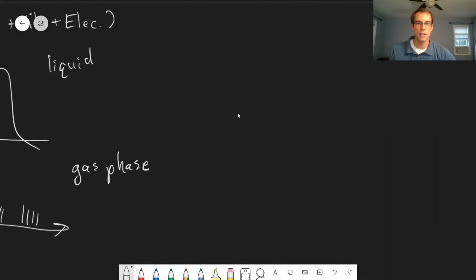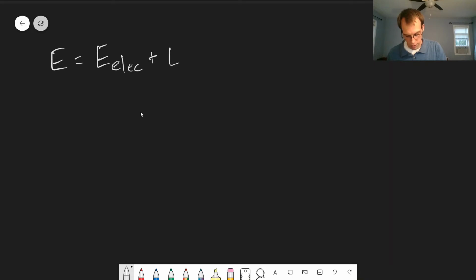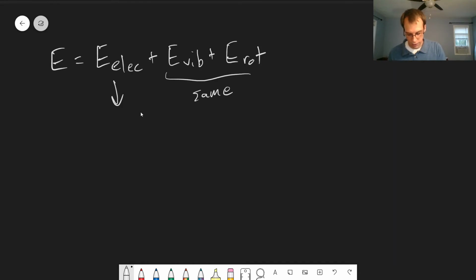To get started, we'll look at what energies we're considering here. So now our energies are all three. We have the electronic energy, the vibrational energy, and the rotational energy. We've looked at the vibrations and rotations already. Those are going to be the same. For the electronic energy, there's not a simple equation.